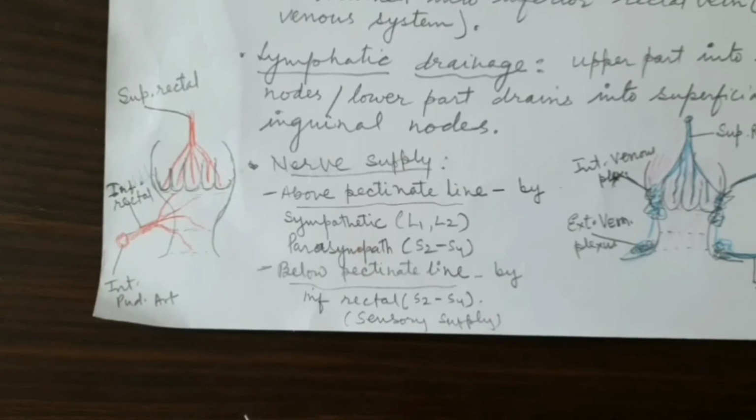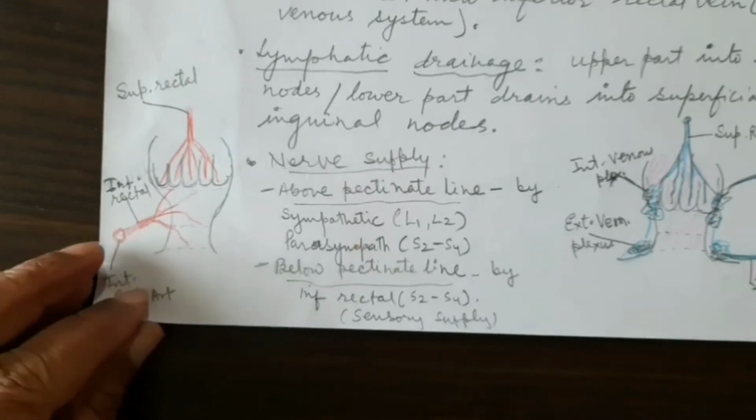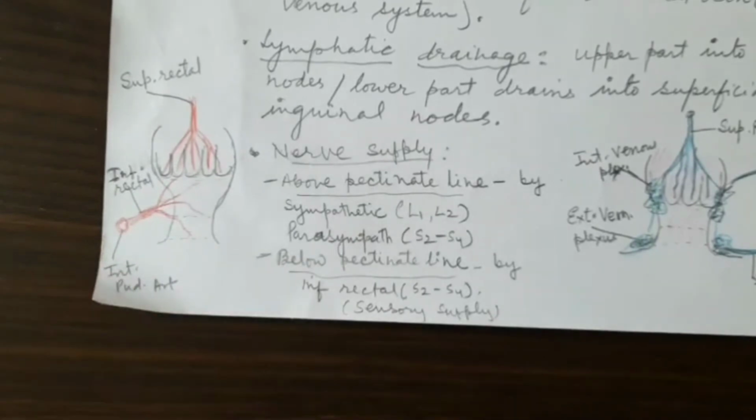Above the pectinate line it will go into the internal iliac group of lymph nodes. Now, let us come to the nerve supply.